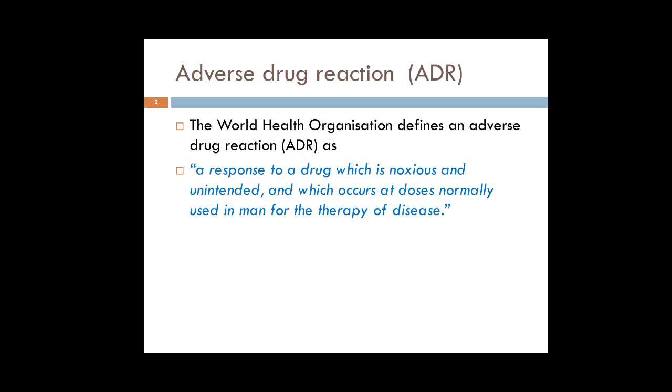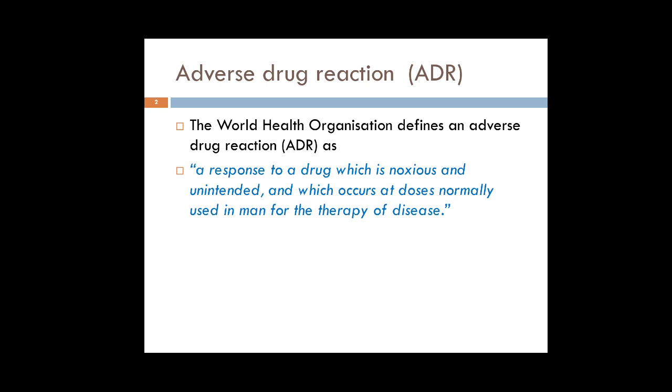So it is a standard definition, and whenever it is asked, you should write the quoted definition only. So it simply says that it's a reaction to a drug, right? The reaction can be either noxious or unintended. But this reaction is to what?